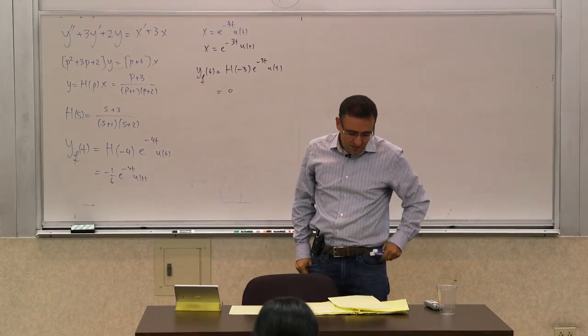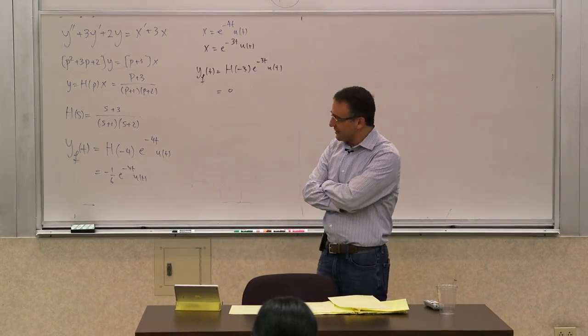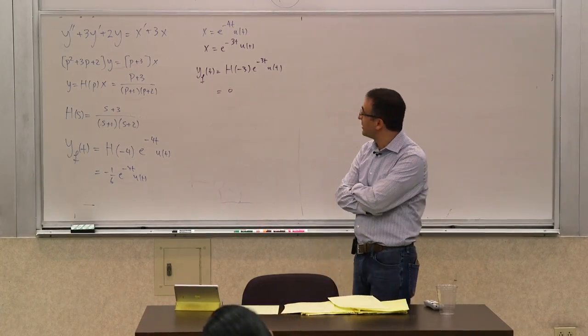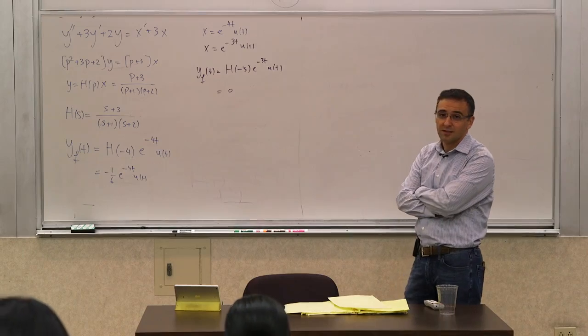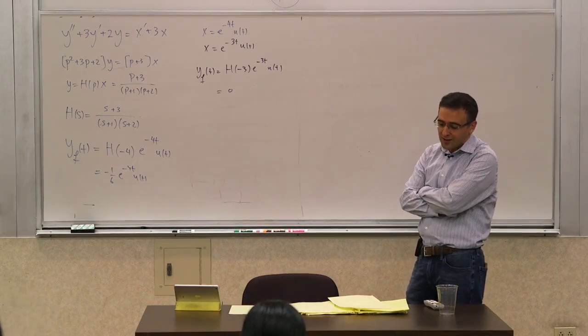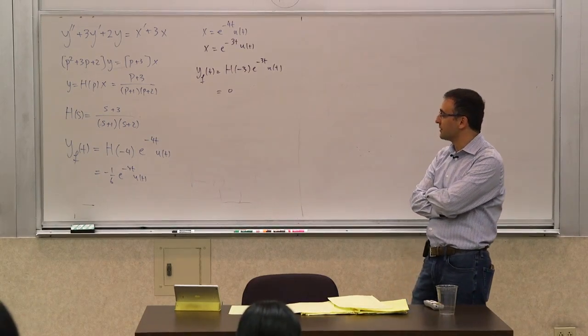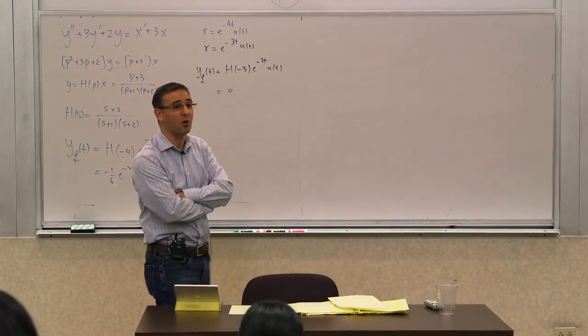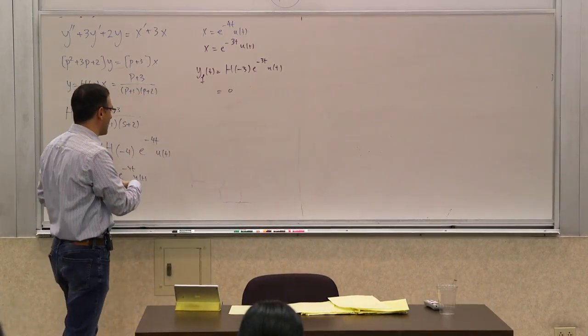All right, so that's good. But is that the full response? No. How do I calculate the full response? If I wanted to know the full response to this frequency, does it mean the system doesn't produce any response? No. The forced response is 0, but it has other responses.